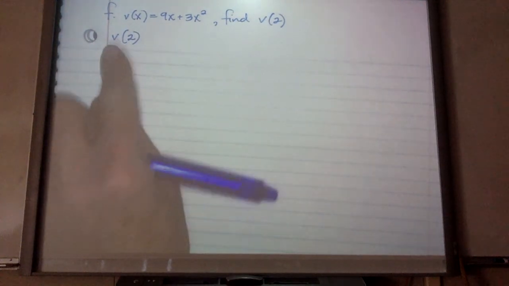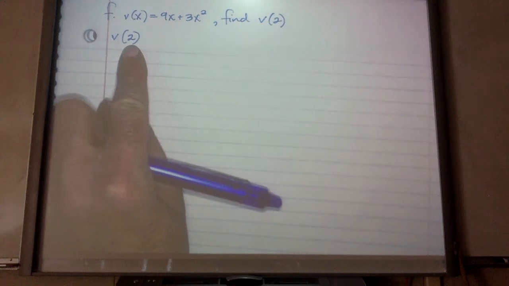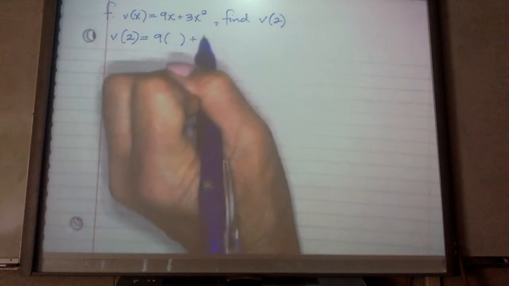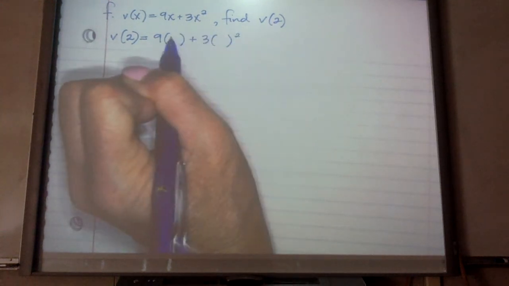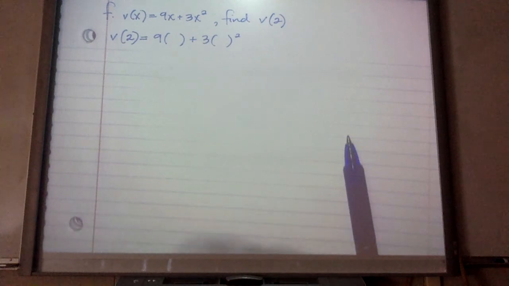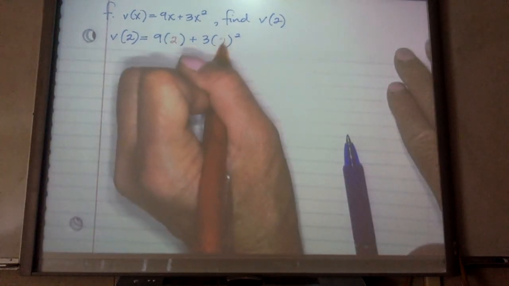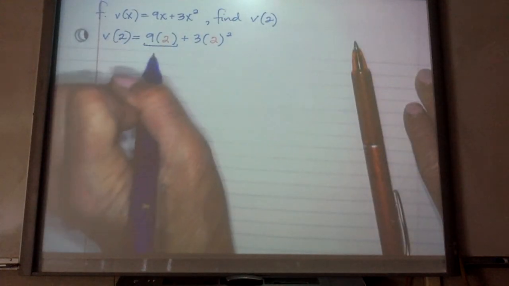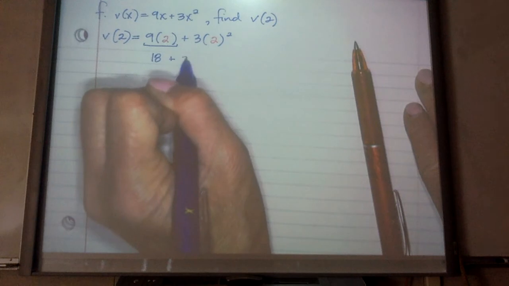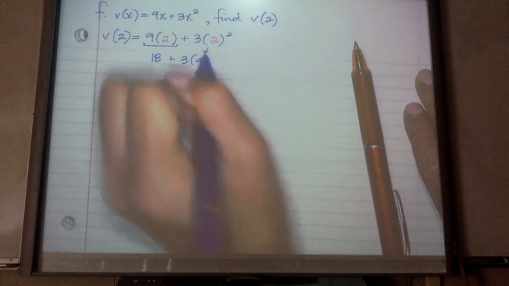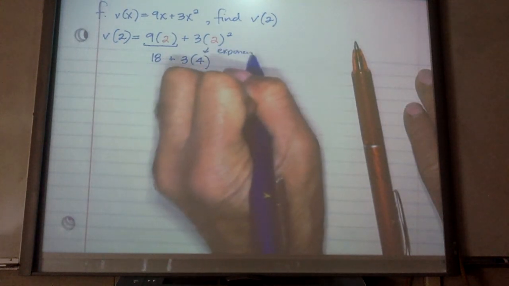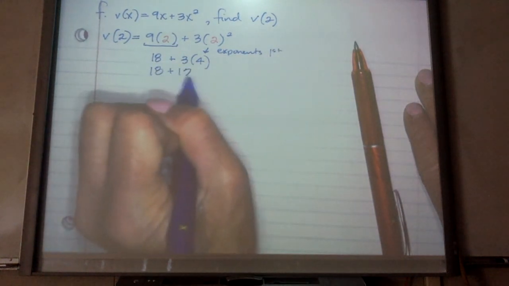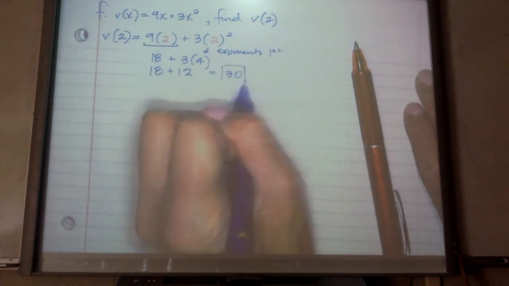That means I'm using the function of v, and I'm plugging in 2. And I'm going to write 2 wherever there is an x. So I'm plugging 2 in here and here, and I'm going to simplify. 9 times 2 is 18, plus 3 times 4. I have to do exponents first. And so now I have 18 plus 12. If I add those together, I get 30.